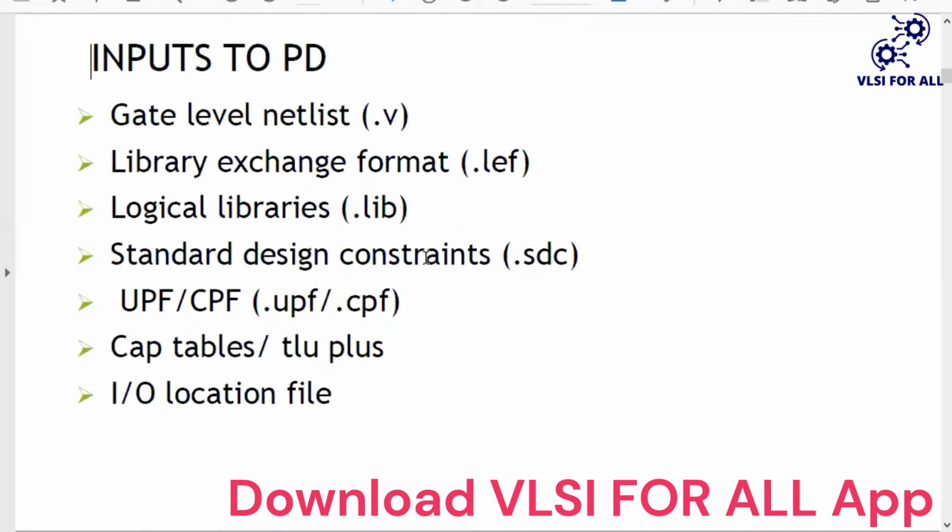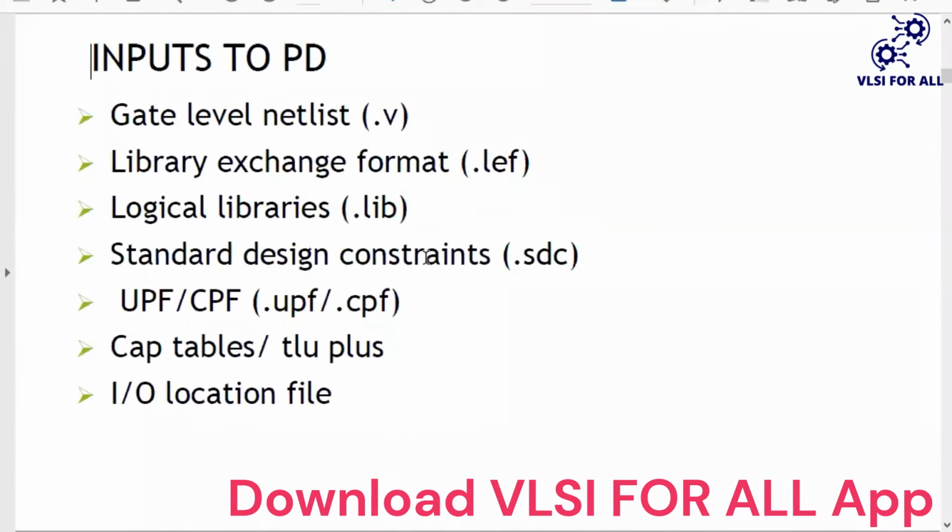Next one is the UPF and CPF. UPF is Unified Power Format, CPF is Common Power Format. Next one, the cap table or TLU plus file.